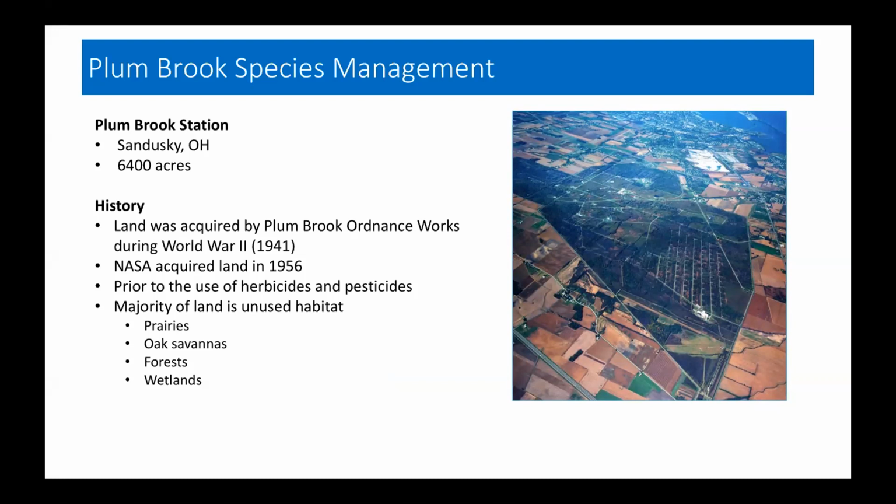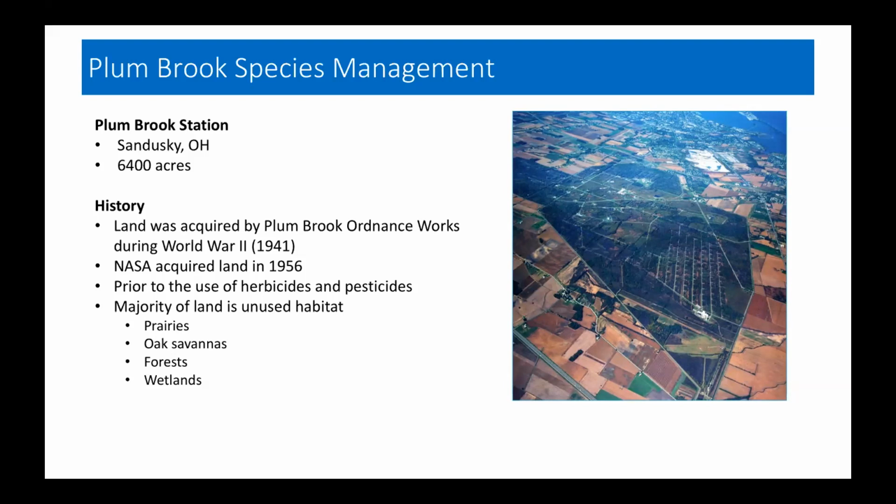And so this land was acquired by the Plum Brook Ordnance Works prior to the use of herbicides and pesticides. As you can see in this photo, there's a lot of farmland surrounding the outside. And because this was before the chemicals were being utilized on a more regular basis, we have a lot of listed and rare species at Plum Brook Station that you don't really see in other areas of Ohio.